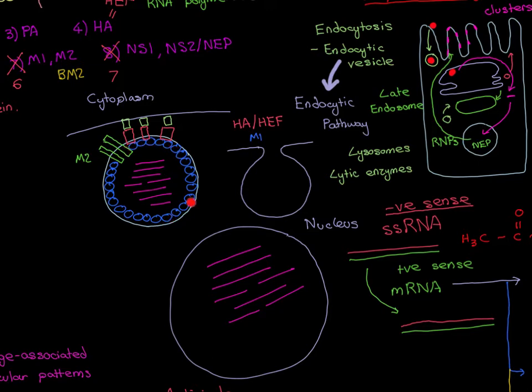And if you don't break apart the M1 shell and don't break apart the interactions between the M1 proteins and the ribonuclear proteins, then these ribonuclear proteins are not going to escape from the virus. Even though the membrane will fuse, there'll still be an M1 shell around here trapping the ribonuclear proteins inside, so they won't ever get out of the endosome, and therefore they won't end up in the nucleus, and therefore the viral replication cycle is scuppered, basically.